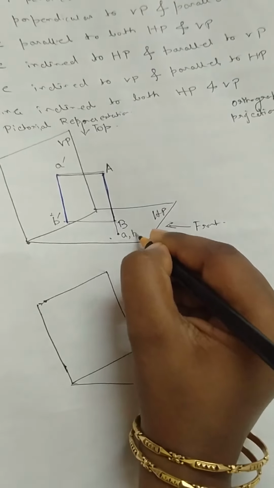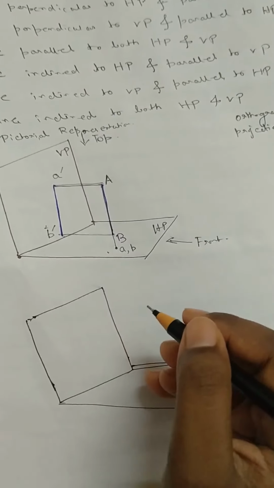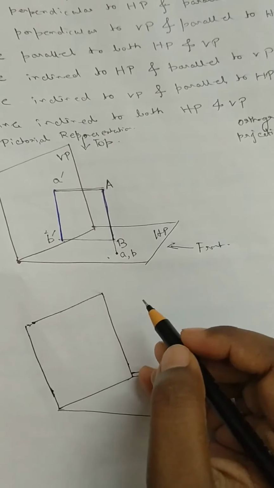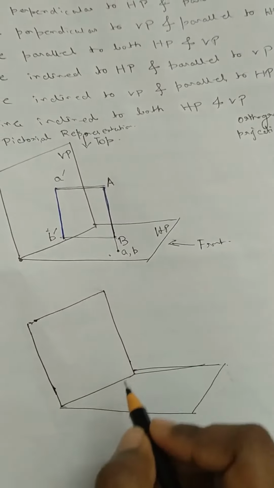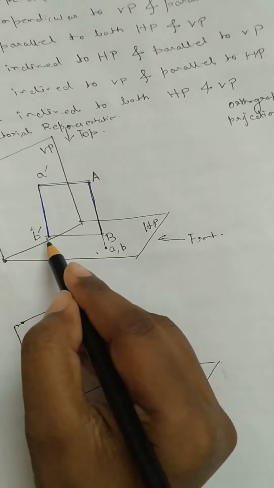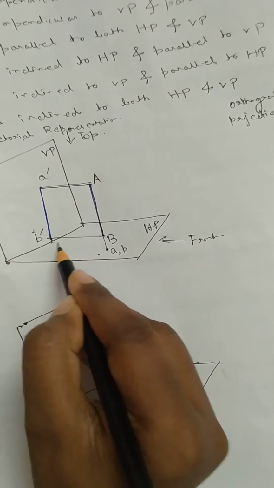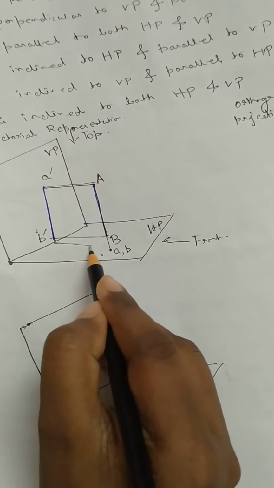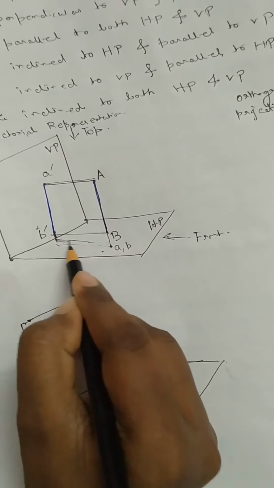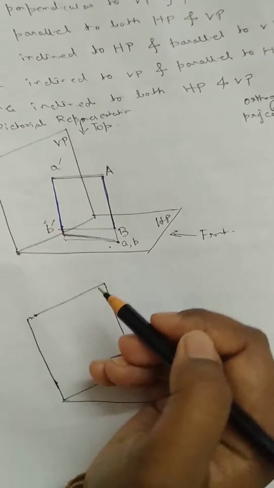This will be your A and B. Now I am going to draw the projection of the point. Sorry, I made it wrong. So it has to be parallel to this line.